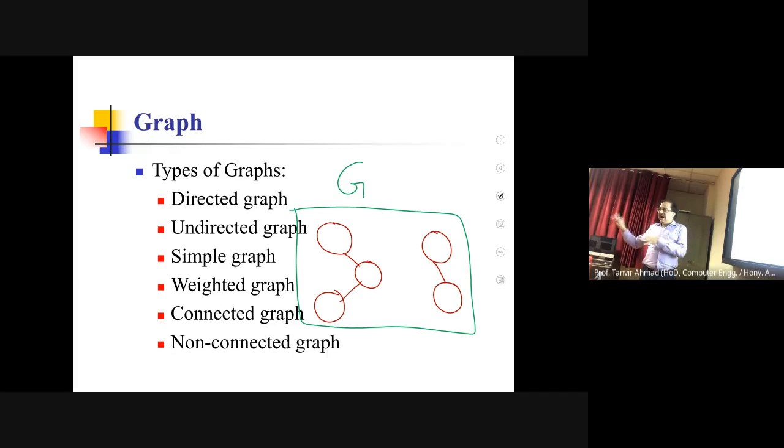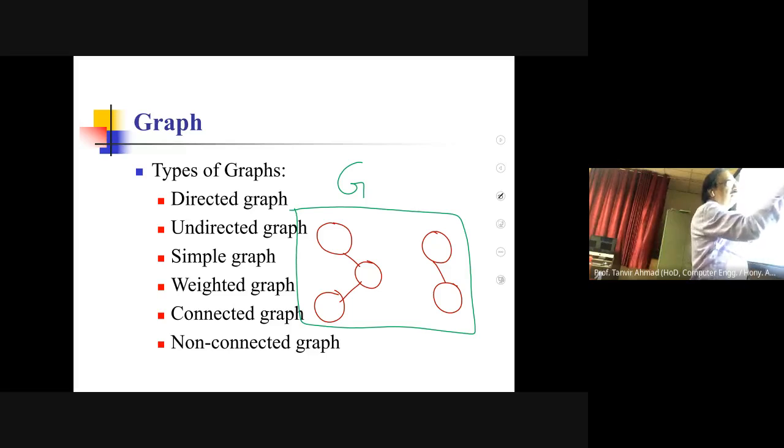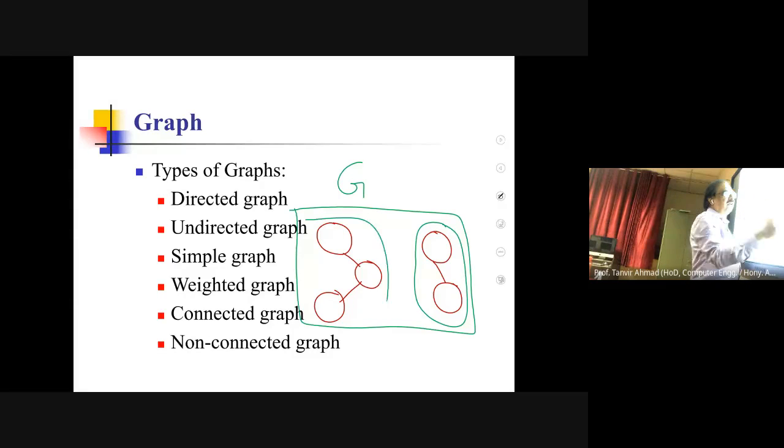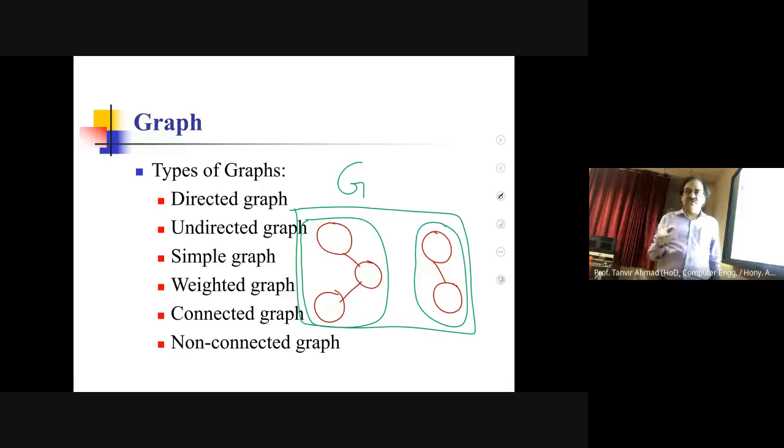For example, there is an island, Andaman and Nicobar. The road inside Andaman and Nicobar cannot be connected to the rest of India because of the water over there. Therefore, this could be a road of Andaman Nicobar Island, and this could be a road of the rest of India. And there is no connection between those two by road. Therefore, this is a non-connected graph, but all the roads belong to India only.